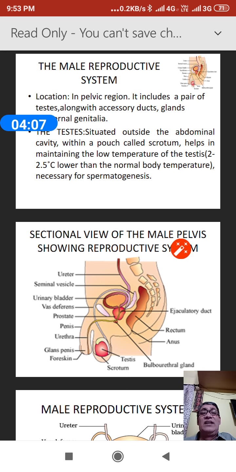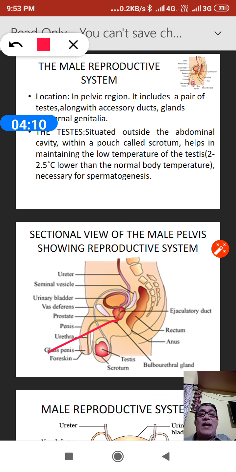The pelvic region is marked here. What are the parts of the male reproductive system? There is a pair of testes, accessory ducts, glands, and external genitalia.